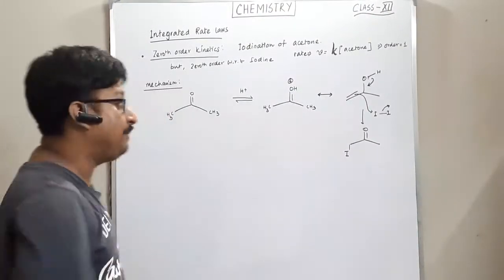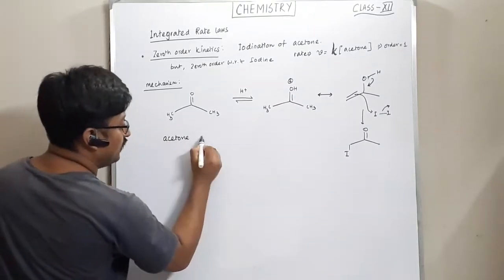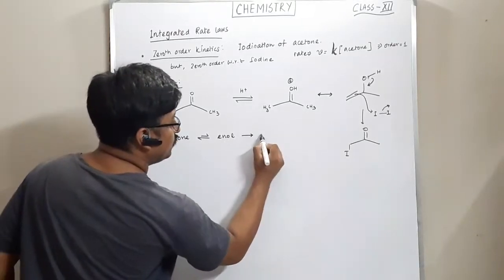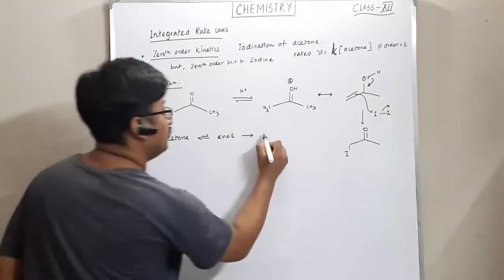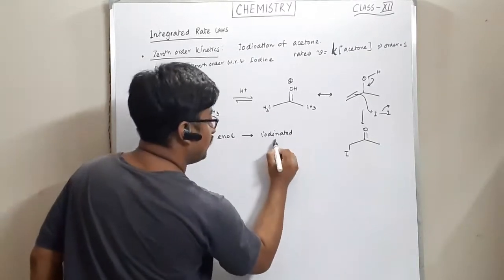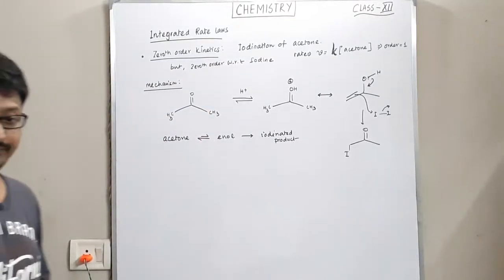So if I look at this reaction, acetone undergoes a reversible reaction to form an enol, and then you get your iodinated product.